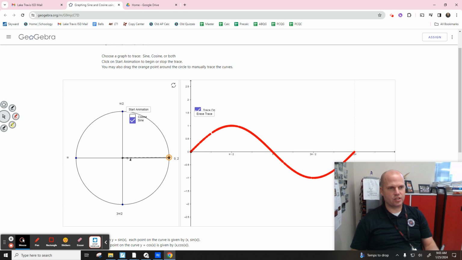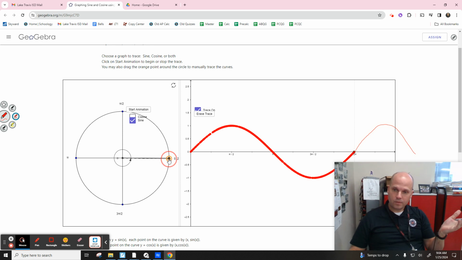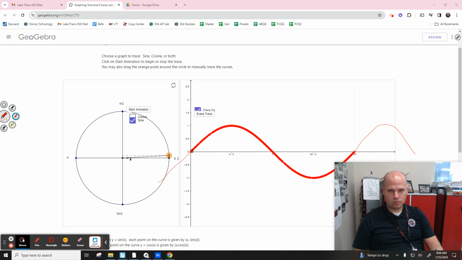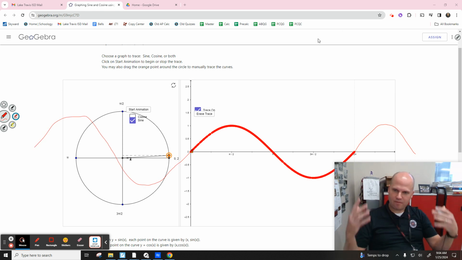It just continues to repeat the same values. Conversely, if we go in the opposite direction, to negative pi over 3, negative pi over 2, the x values would produce the same y values, just going in the opposite direction. So this is the graph of sine.